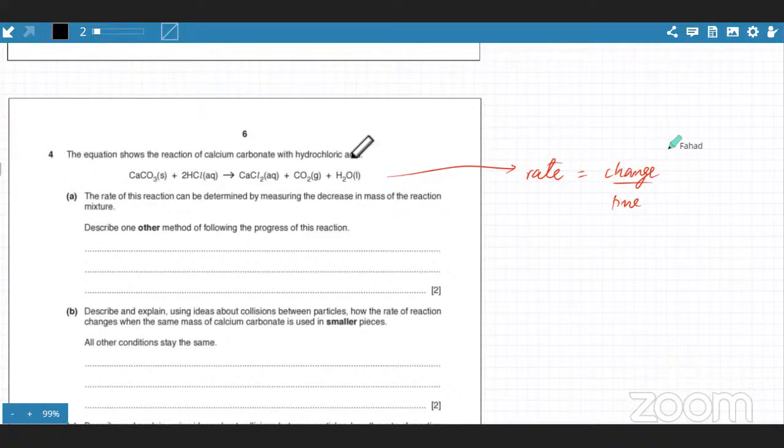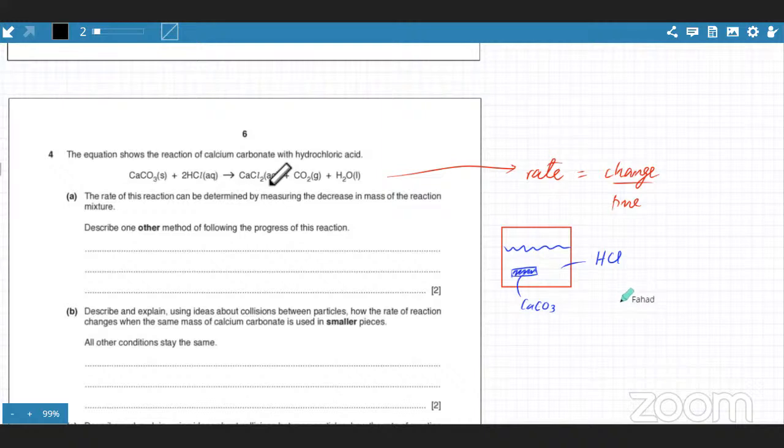Now, if you look at this reaction, there are a couple of things that are changing. One is that the mass is decreasing, and I'm going to explain why, because if you have hydrochloric acid and you add a piece of chalk, calcium carbonate, what's going to happen is that carbon dioxide gas is produced.